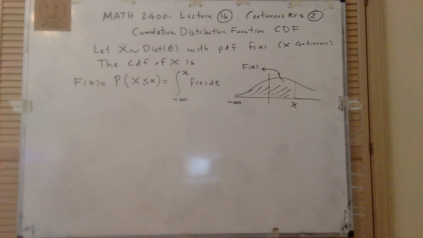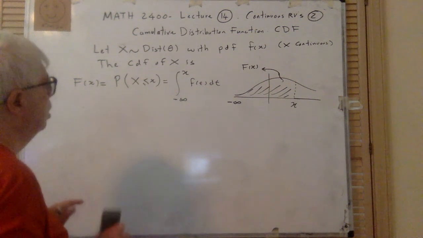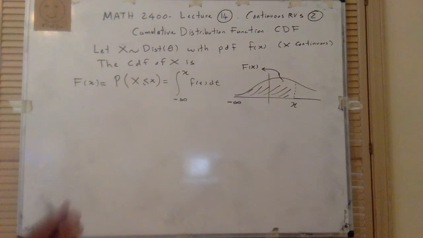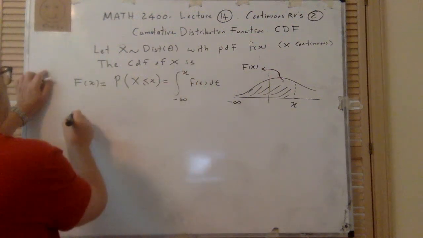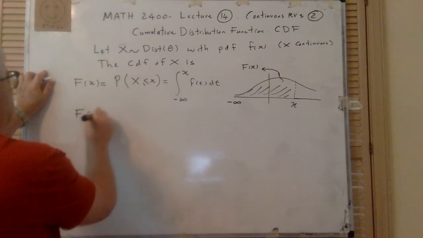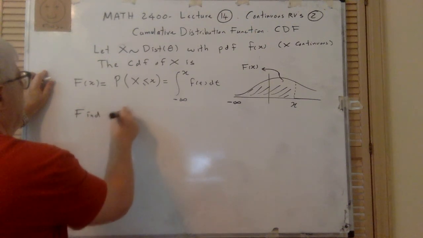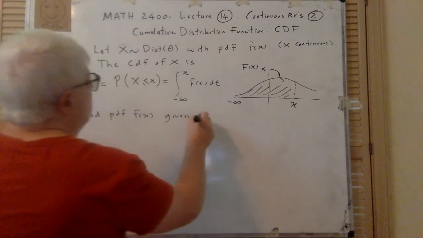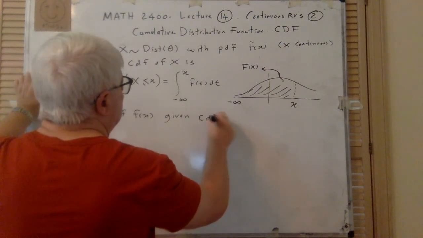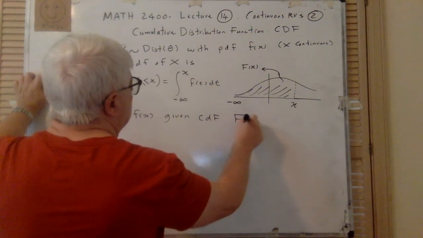Okay, so let's see if we can find the CDF of some random variables when given f_X. Now, before doing that, let's see how we can find the PDF f_X given the CDF F_X.